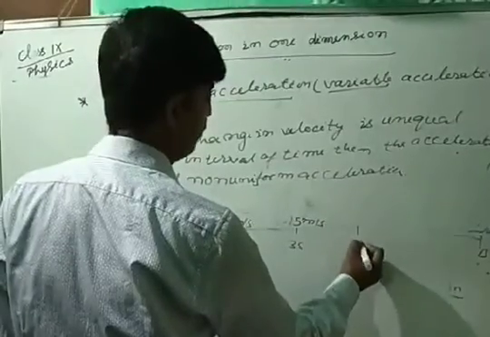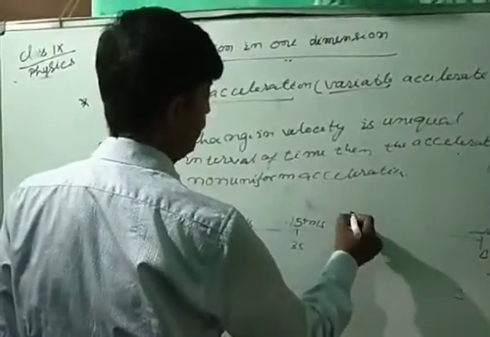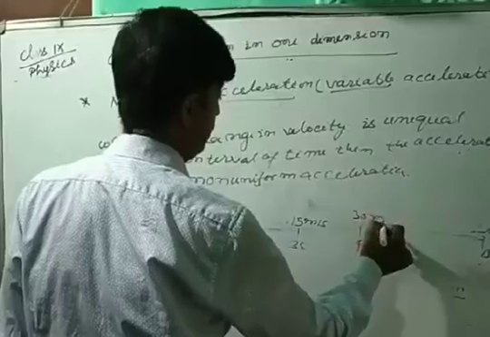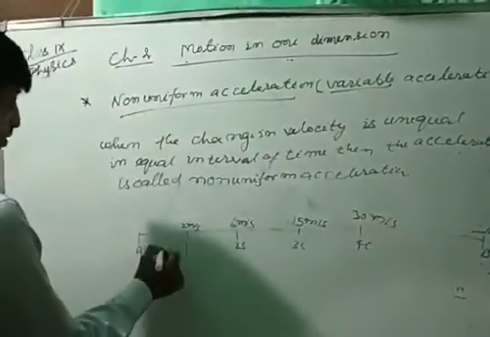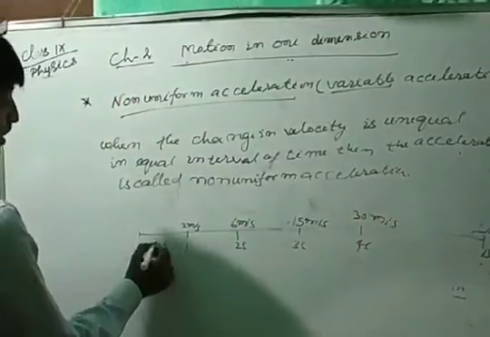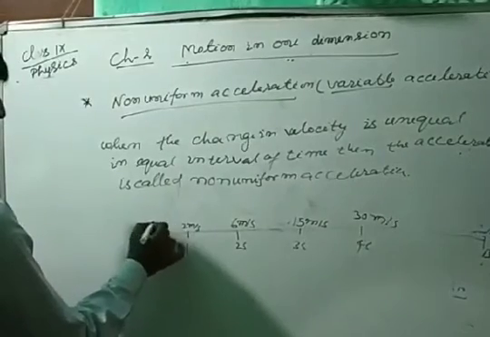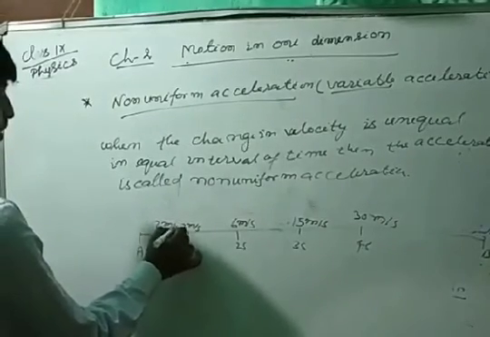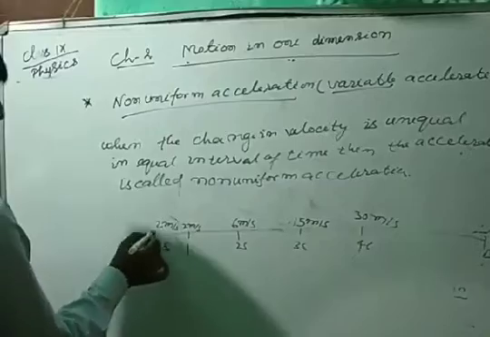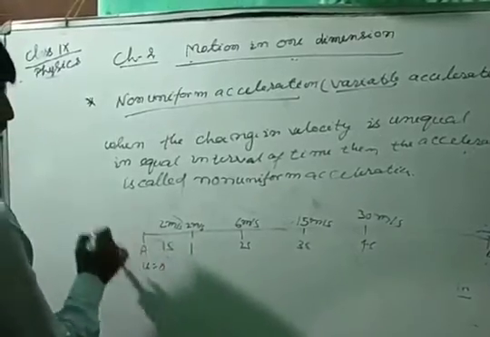At the end of the fourth second, its velocity becomes 30 meter per second. So in the first 1 second, its velocity changes by 2 meter per second. So here the acceleration is 2 meter per second square.